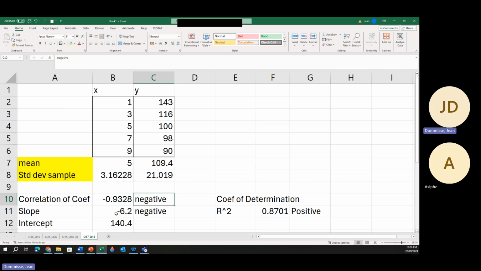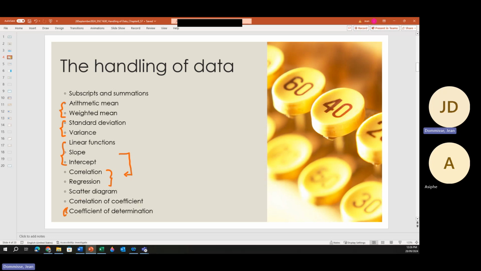I think that is important to see that link. The coefficient of correlation is R, and the determination one is R square.